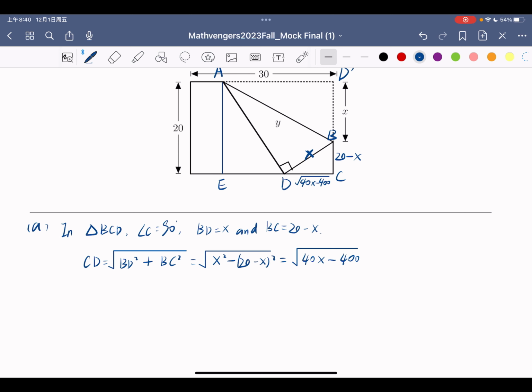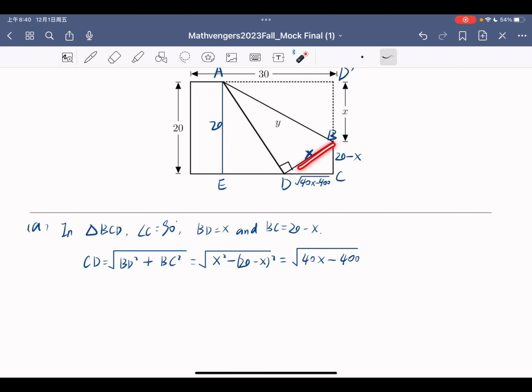Now you notice that AE is actually equal to 20, and how can we find y? y is in this triangle, and the square of AD plus the square of BD is equal to the square of y.